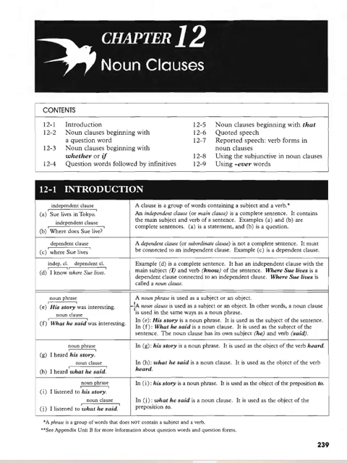A noun phrase is used as a subject or an object. A noun clause is used as a subject or an object. In other words, a noun clause is used just like a noun phrase. His story is a noun phrase. It is used as the subject of the sentence. What he said is a noun clause. It is used as the subject of the sentence.